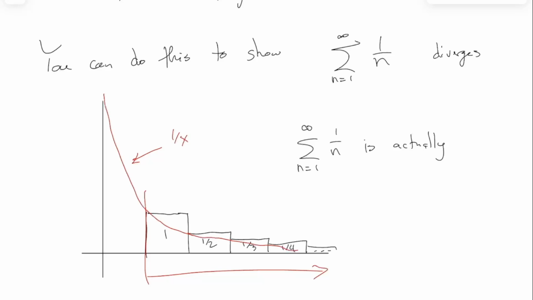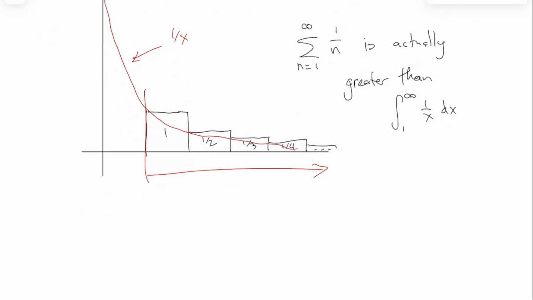So the series, 1 over n, is actually greater than the improper integral from 1 to infinity of 1 over x dx. The series is greater than the area under the curve because you can see the rectangles are sticking out.